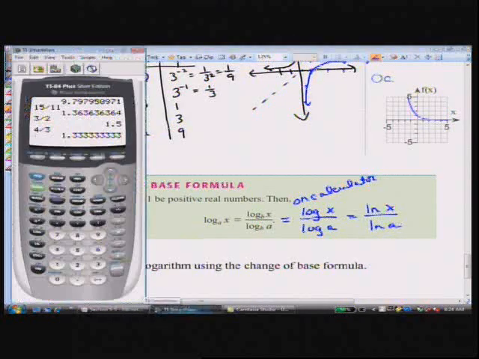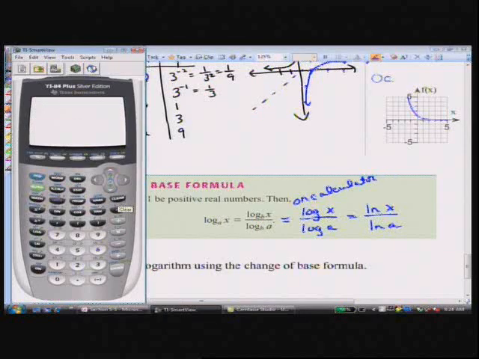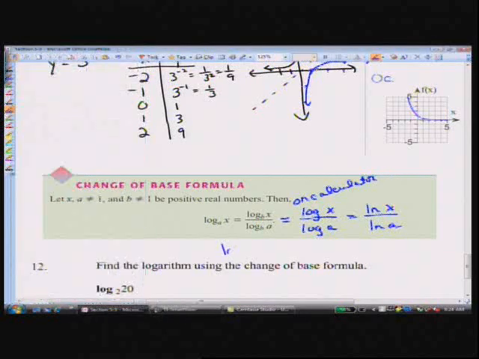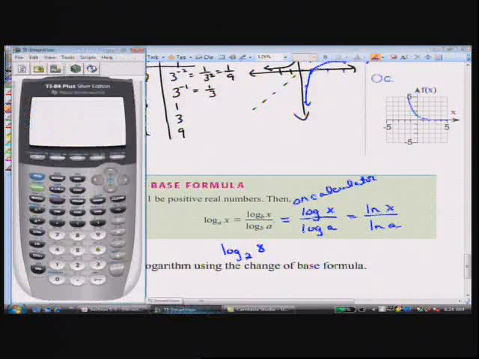So for example, say you want to do log base 2 of 8. You know the answer to this. 2 to what power is 8? You know the answer is 3. We can use our calculator, though, now to give us that answer. We do log 8 divided by log 2, and it will give us the answer 3.